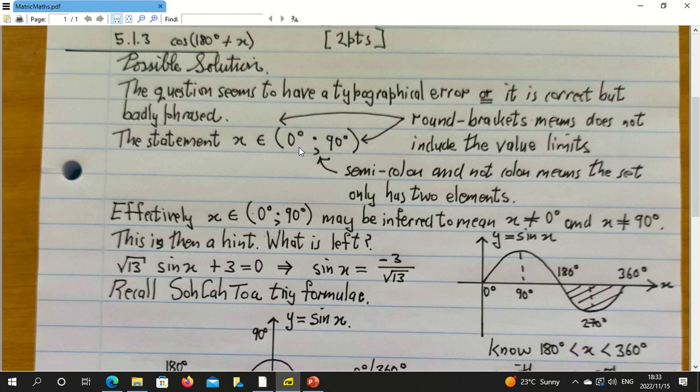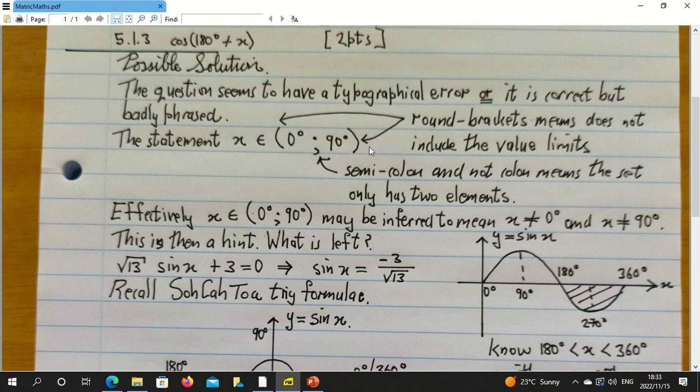So, as best as can be ascertained, when you have a semicolon, you have two elements in the set. With the round brackets means x cannot be equal to either of the two elements. So it's a very weird mathematical notation, at least for an engineer.